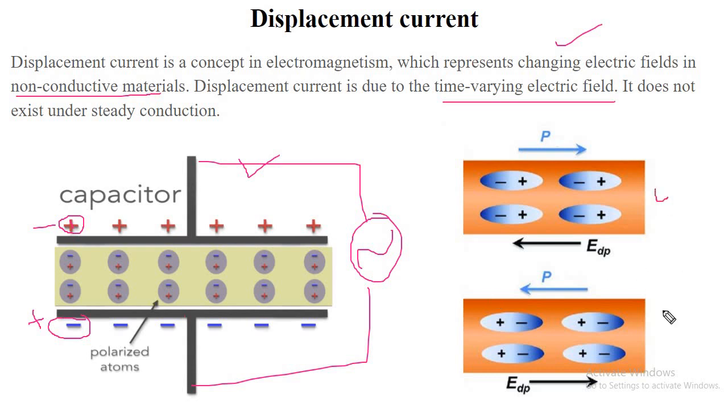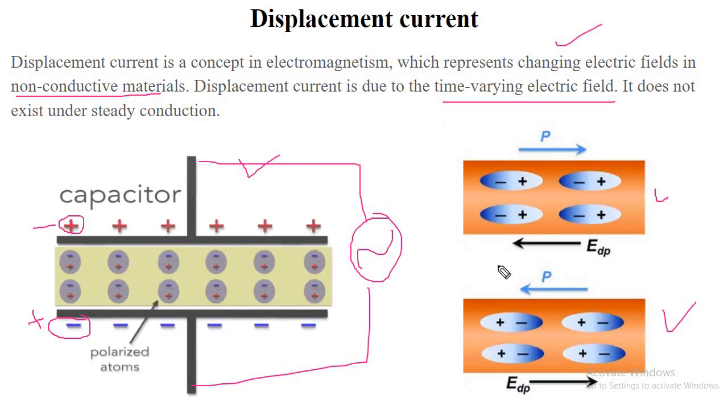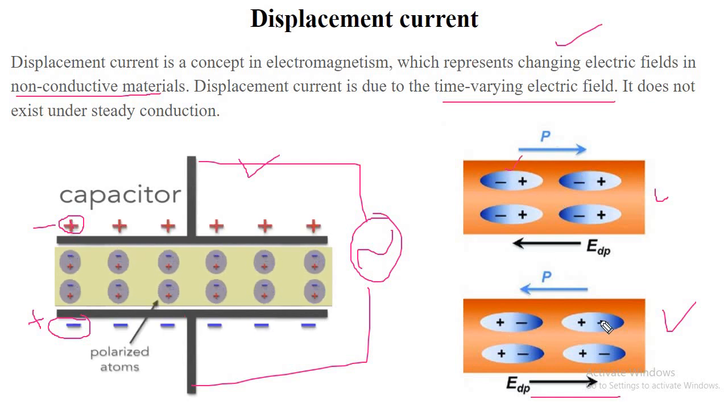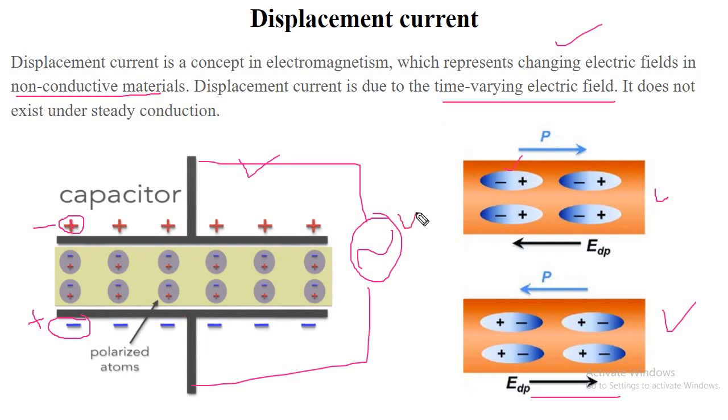This particular picture explains it. In one case the applied field is in this direction, and in the other case the applied field is in this direction. You can see the orientation of the dipoles is just reversed. They are continuously changing depending on the frequency of the applied field.